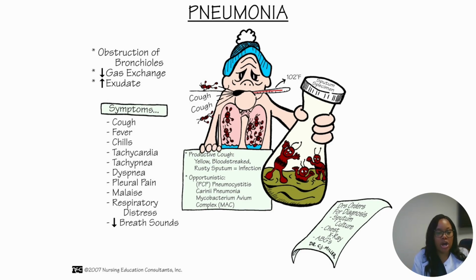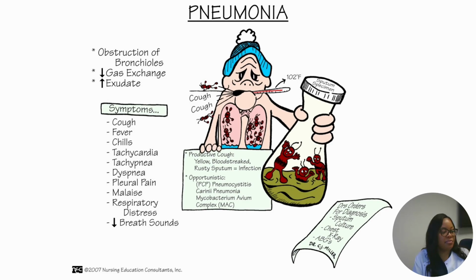Chills, tachycardia, tachypnea, shortness of breath, pleural chest pain, and that is chest pain that is caused by coughing or breathing. They could have neural changes, especially your elderly patients. They may not even have a fever, but fatigue and increased respiratory rate.